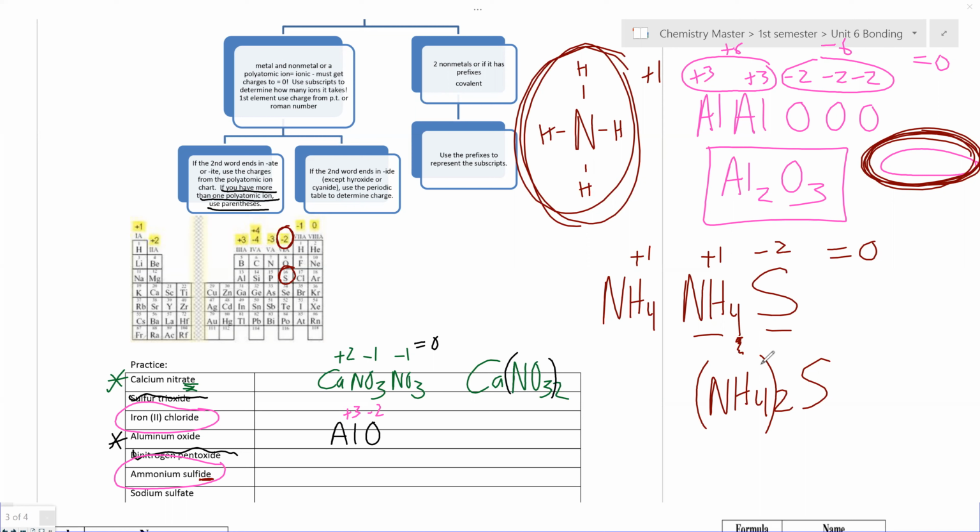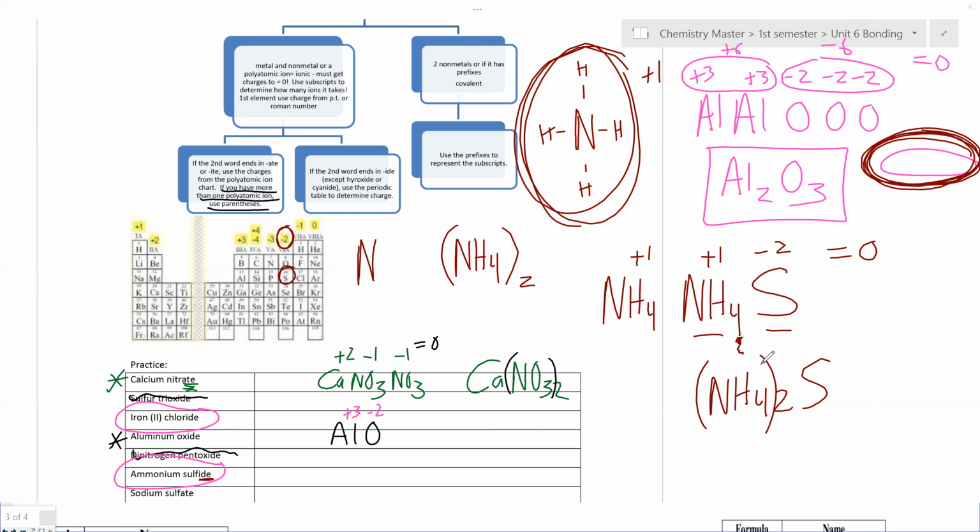Do you put it around the element or do you put it around the actual number? So NH4, you put it around whatever the polyatomic is. NH4 is the polyatomic, so I would put it around this and then put the 2. Because if I put it just around here and then I put the 2, it still looks like 42.